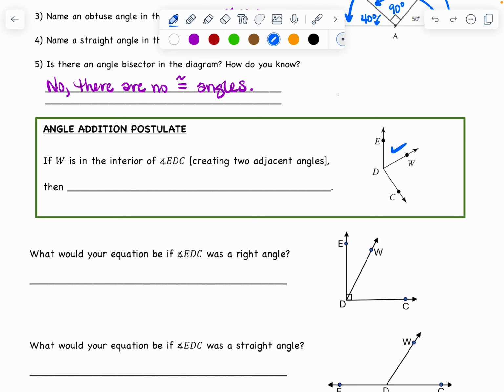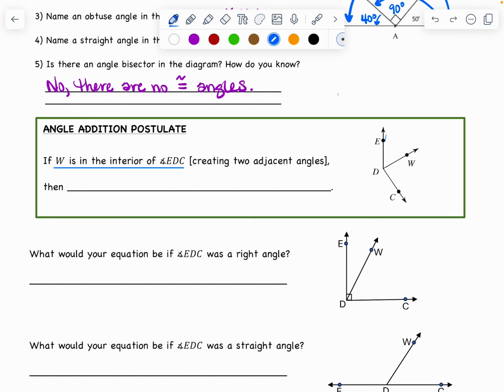And so before we actually write that down, I just want to focus on a couple of vocabulary words here in this definition. It says if W is in the interior of angle EDC. So of course that just simply means that when I draw it, EDC is my main angle, and then W is somewhere in the interior where I'm drawing that third ray to do the split.